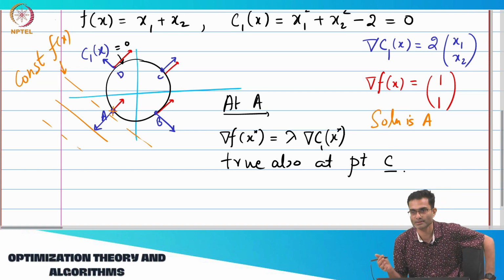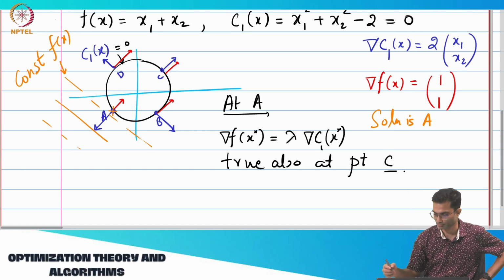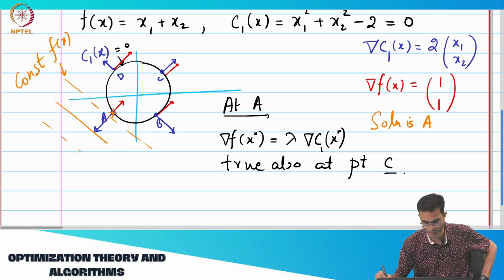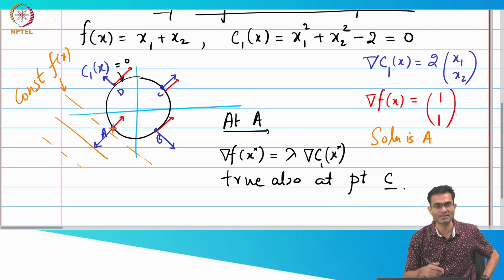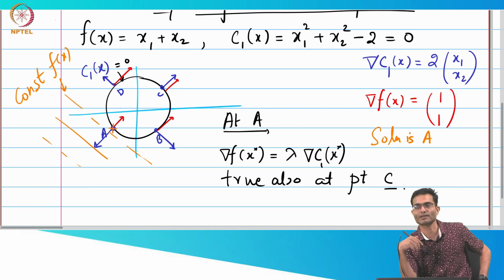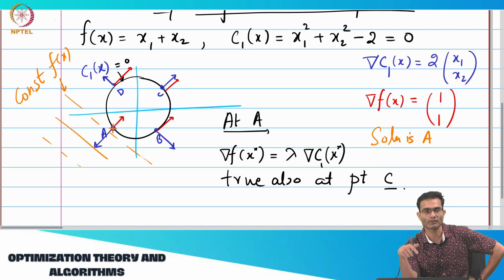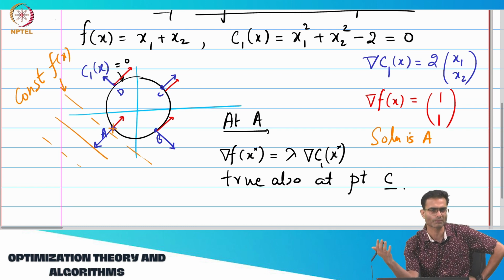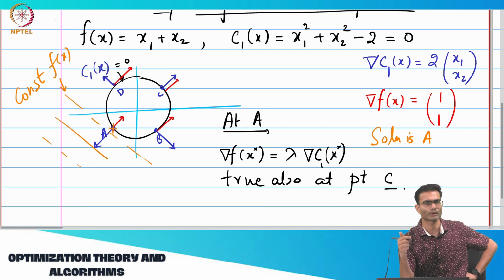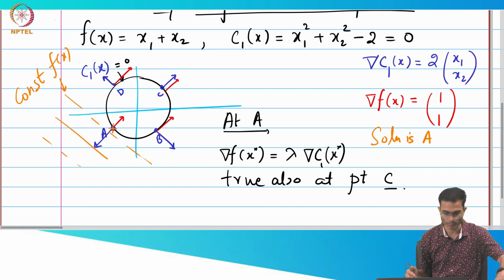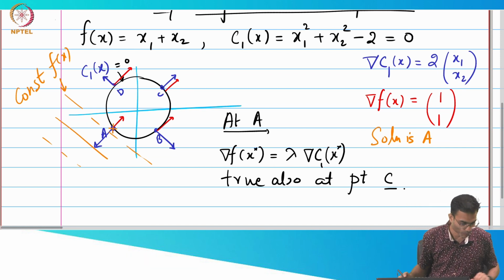I am coming up with a necessary condition that a minima point should show. Point C, if you were to characterize it, what is point C? It is actually a maxima. This is a point at which f of x is maximized while satisfying the constraint. So, it is not that much of a surprise that grad f is 0 at that point also. But let us try to now formalize this a little bit more.